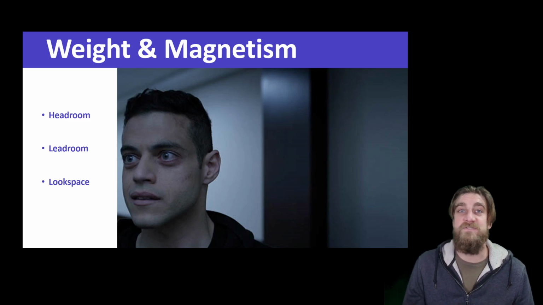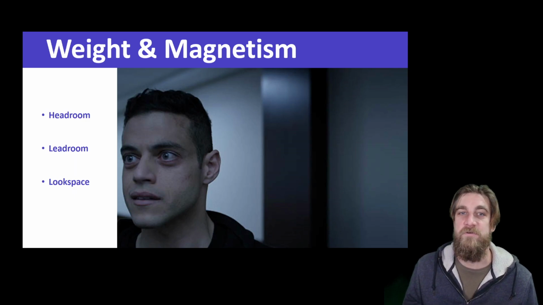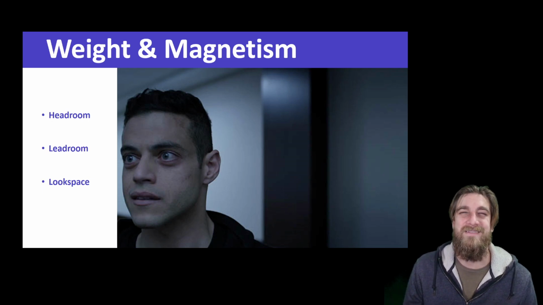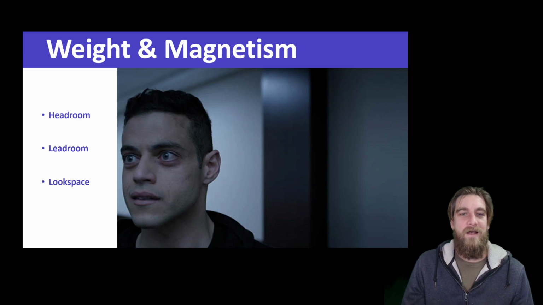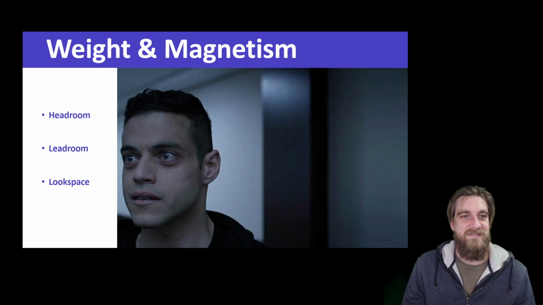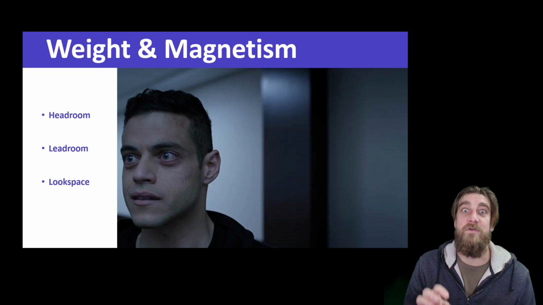Now we can use those things in creative ways and contradictory ways also. The example that I've got here, this image from a television show called Mr. Robot, is all about this dystopian future, and there's a lot of paranoia, and people are always looking over their shoulder, and they feel very isolated and alone. So a lot of the shots in these sequences use this look space and this lead room that is very limited, right?